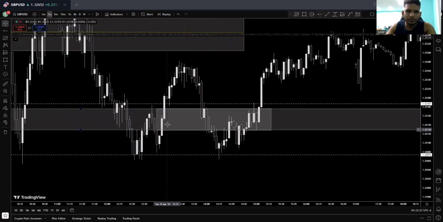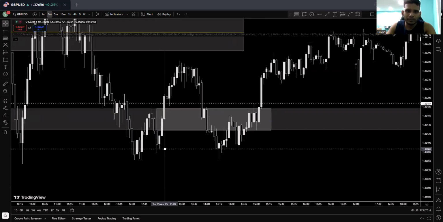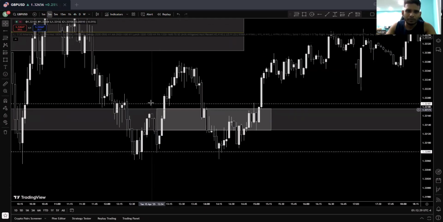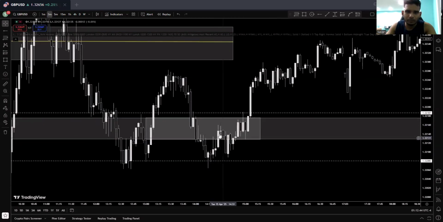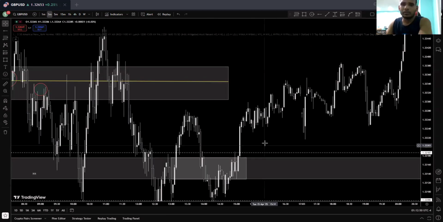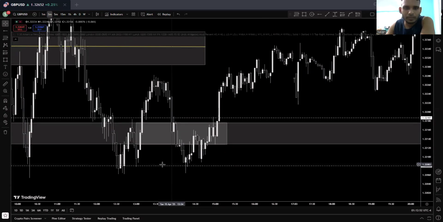I love to see this value hold, but it didn't. It came all the way back, swept this low, swept this internal. Now it gives a structure shift. It gives some retracement, displaces higher. Once it sweeps the internal, it prints a high, prints a low, structure shift.